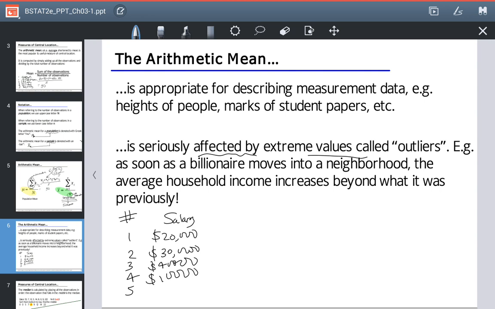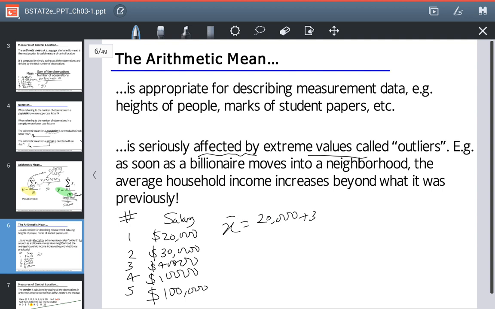Okay, let's say the 5th individual earned a whopping amount of $100,000. So now what happens to the mean of this data set? So the mean x bar is, the first is 20,000 plus 30,000 plus 40 plus 10 plus 100,000.